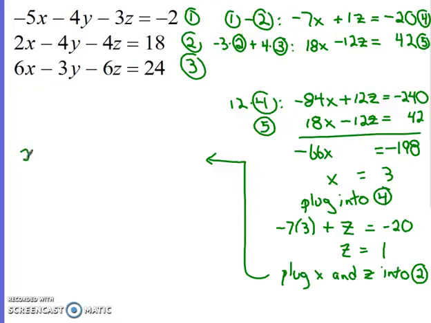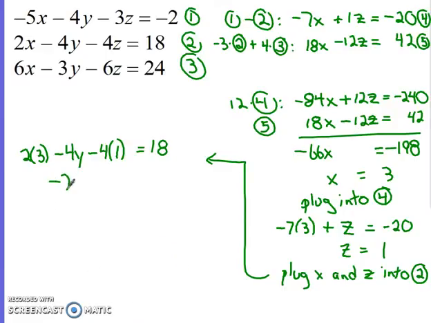So 2 times x, which is 3, minus 4y, minus 4 times z, which is 1, equals 18. Okay, so this is 6 right here, right? And this is negative 4, so that's 2 total. So if I just subtract 2 from the left side, subtract 2 from the right side, I'll be okay.